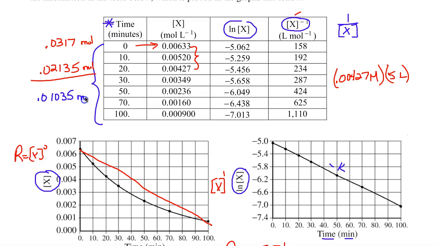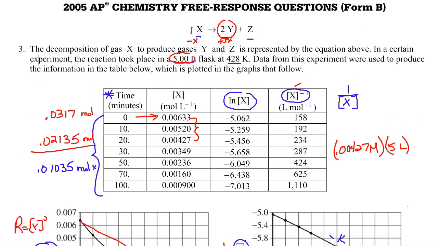And so I get, party people, 0.0104 moles. Okay, now that's moles of what? X. Now, what were they asking for? They were asking for how much mole of Y was produced. Well, if I have that many moles, and I had to subtract these two to know how much the moles decreased, I know my minus x is that. Well, therefore, it's 2 times that.